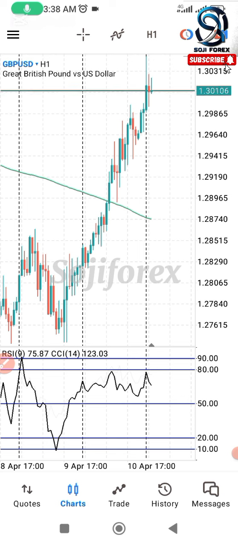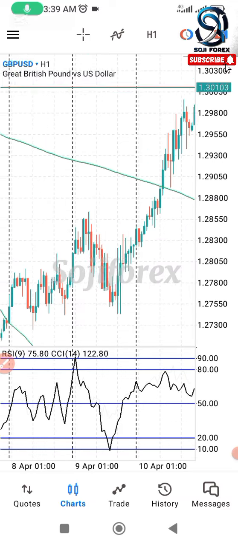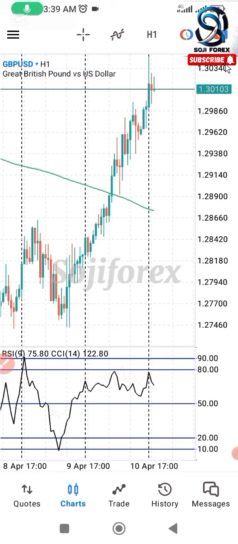What that means is that you won't just find a pin bar and trade it. All the pin bars you will be trading are going to be in line with the direction of the trend. So these are the only pin bars you'll be focusing on, and you will be trading them.